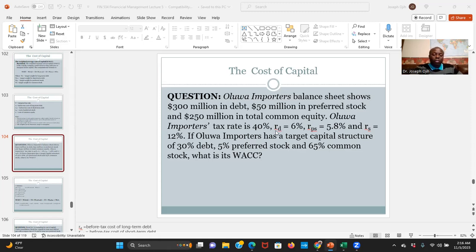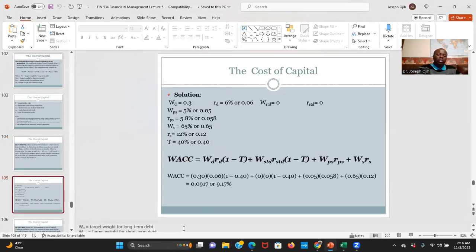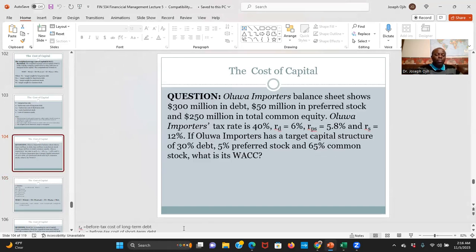The RD, which represents the before-tax cost of long-term debt, is 6%. And RPS, which represents the cost of preferred stock, is 5.8%. And RS, which is the cost of common equity, is 12%.